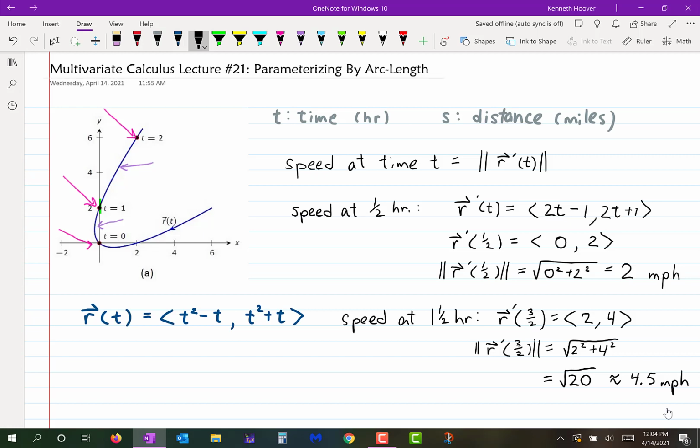So do you see why we traveled a lot further in the second hour than in the first hour? We're going a lot faster.